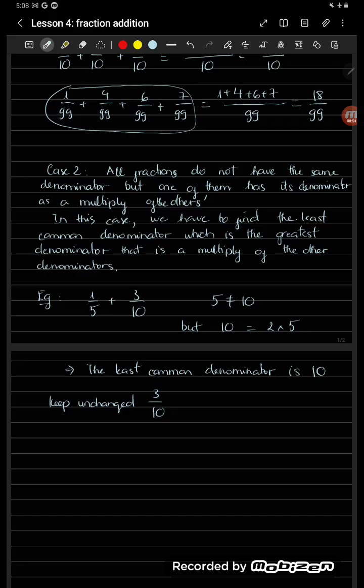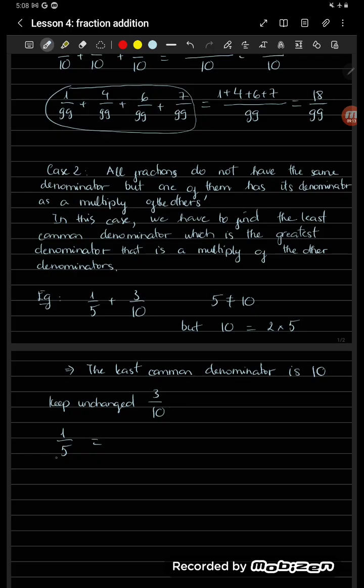Now, we only need to worry about 1 over 5, okay? So how can we make 1 over 5 become a fraction that has a denominator of 10? We know that 10 equals 2 times 5.